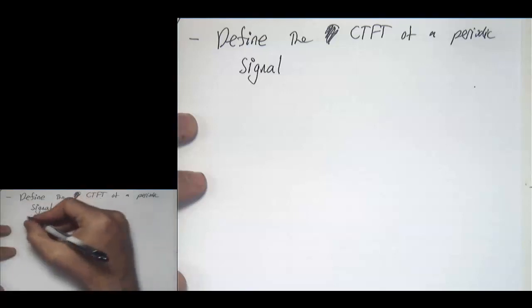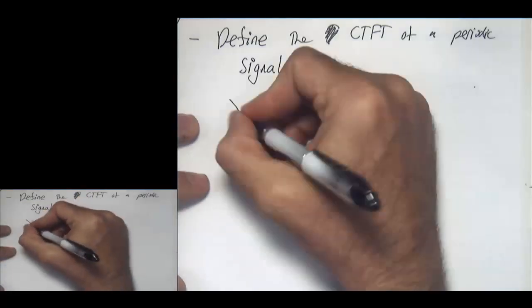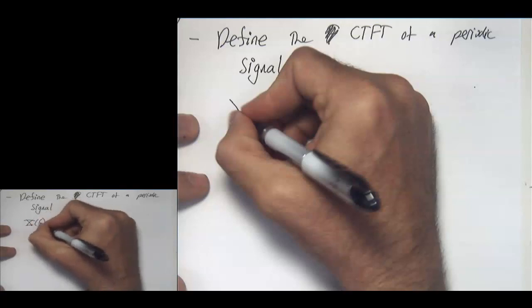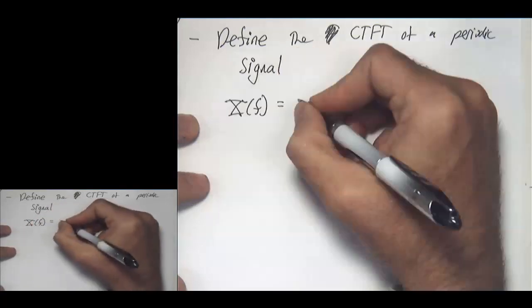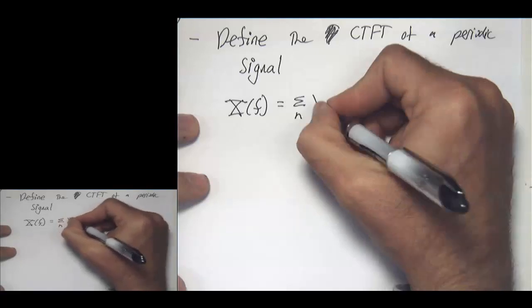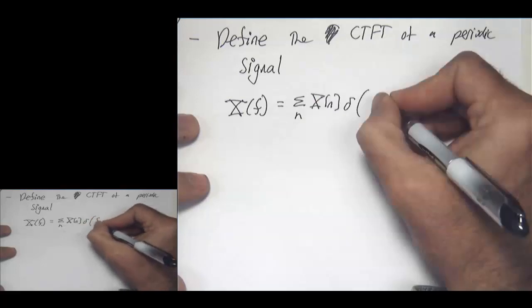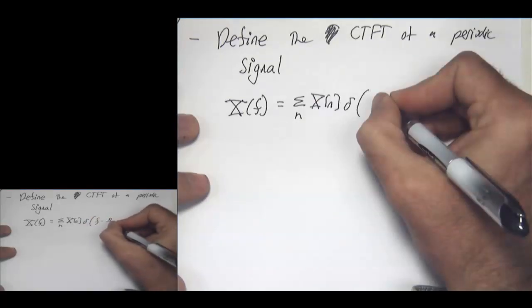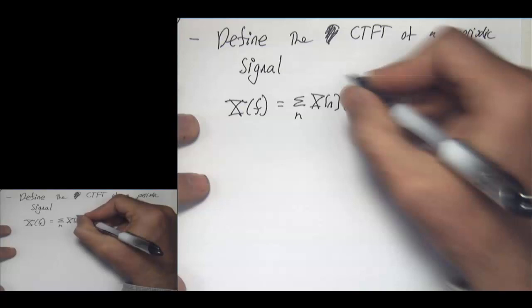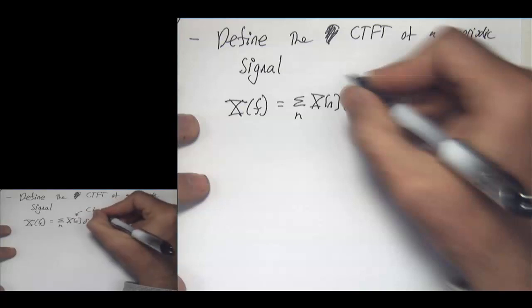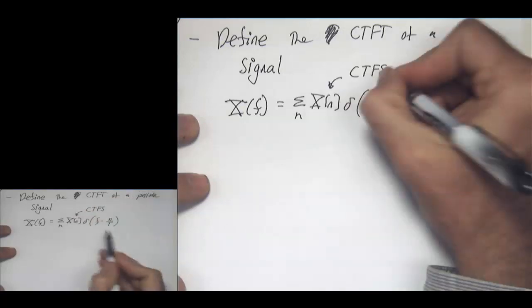So what we do is define this: X of f is equal to the sum over n of capital X of n, delta of f minus n over T. This X of n here is our continuous time Fourier series coefficients.